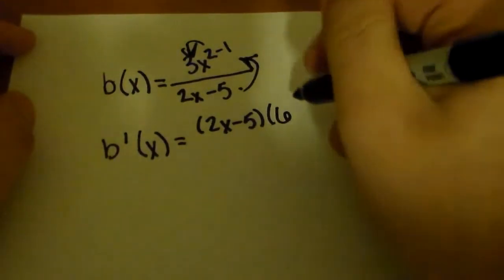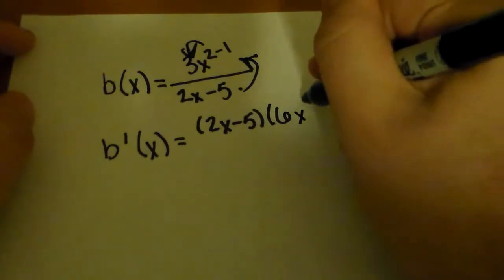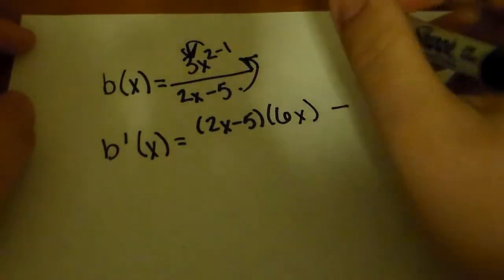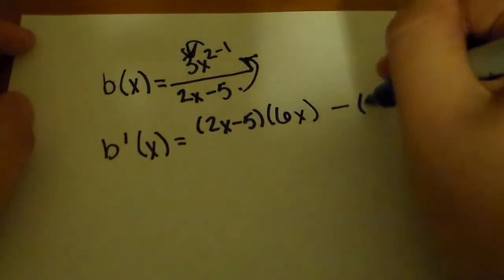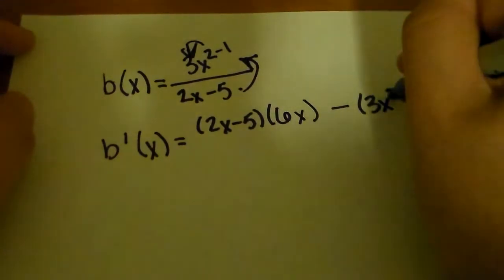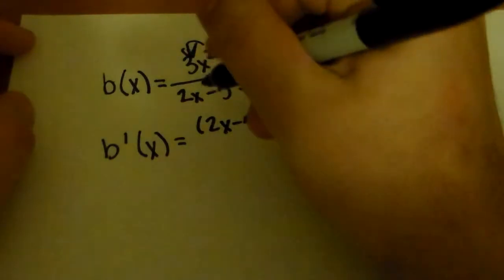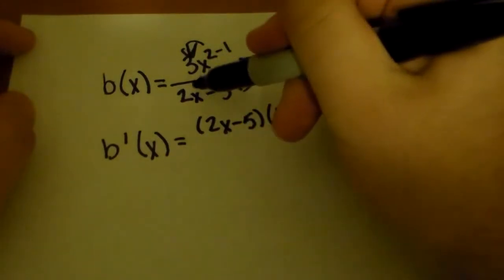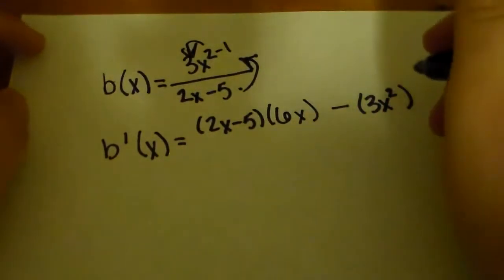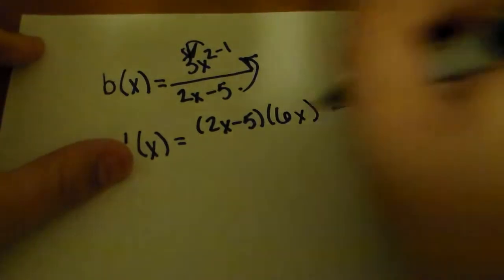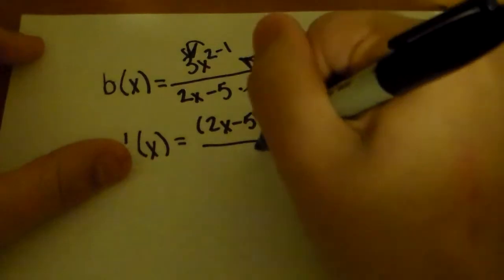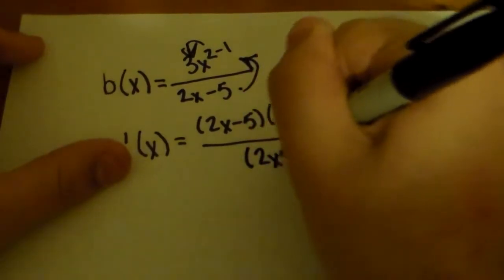Take 1 away from the 2, so it would be 6x, minus the numerator, which is 3x squared, times the derivative of the denominator, which would be 2, all over the denominator squared.